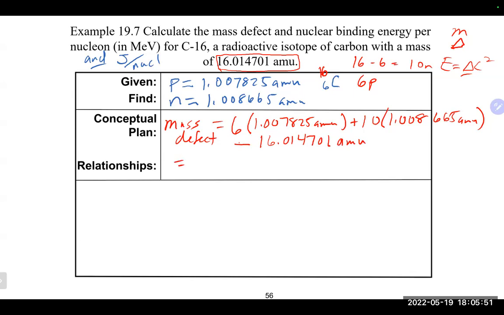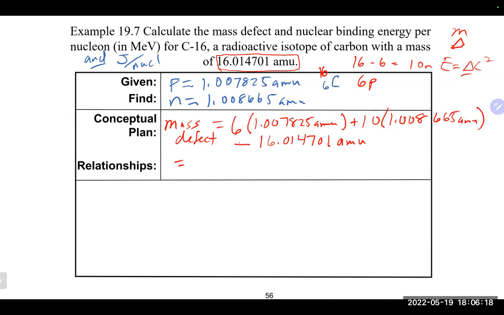And if we do all that, 6 times 1.007825 plus 10 times 1.008665 is about 16.1336, minus 16.014701.